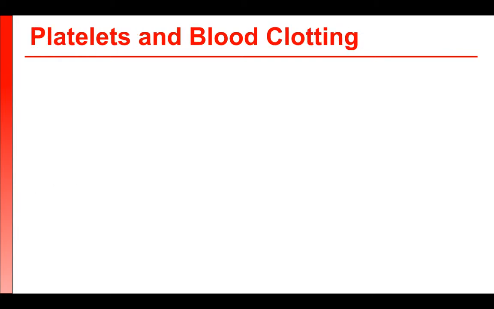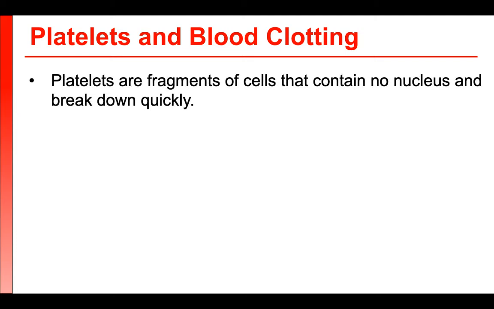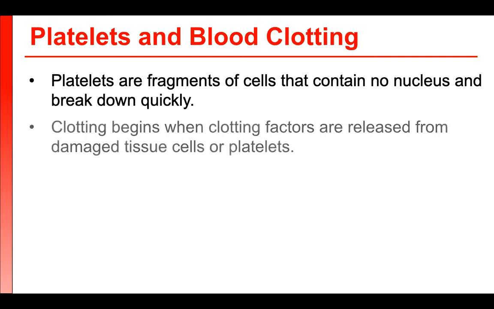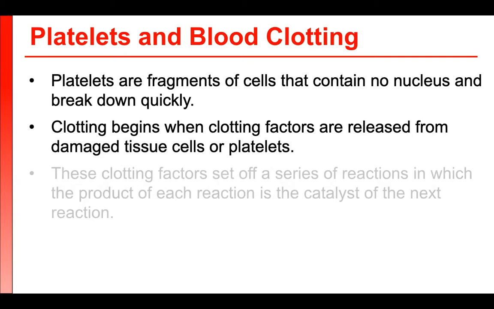And then in terms of platelets and blood clotting, platelets are fragments of cells that contain no nucleus and break down really quickly. Clotting begins when clotting factors are released from damaged tissue cells or platelets. So you cut your skin, that has damaged cells. Platelets recognize this. Clotting factors are released.